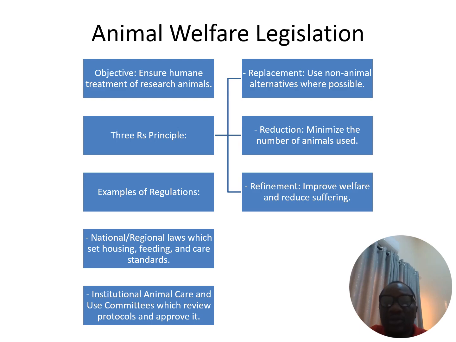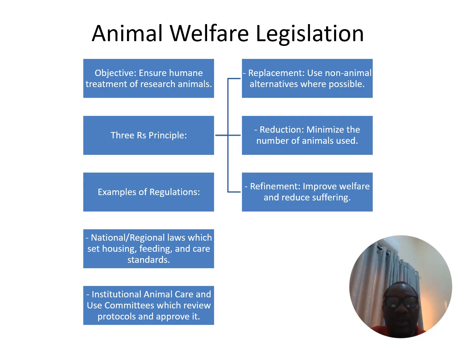Reduction, to minimize the number of animals used. And lastly, refinement, which aims to improve welfare and reduce suffering. So these three R's principles are used to ensure that the objective of humane treatment of animals under research conditions is met.